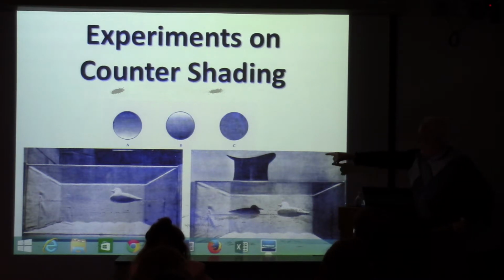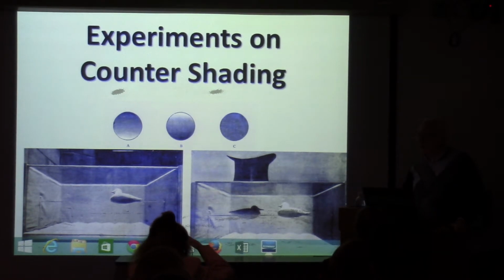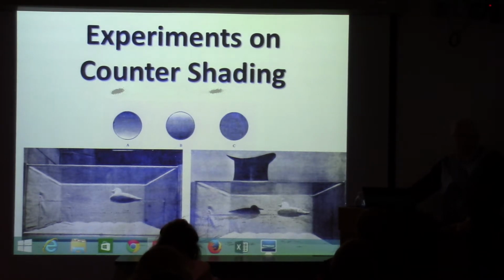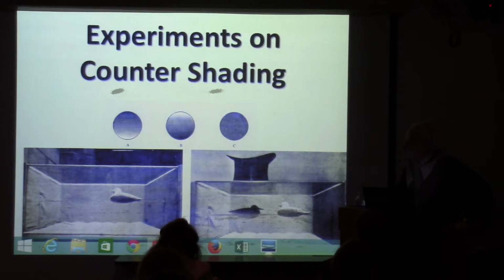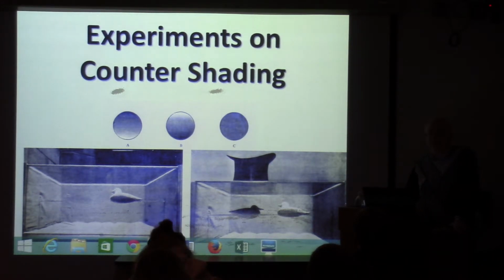When he takes a hat and puts it on top of his little cabinet to block the light, all of a sudden that bird shows up, and you can see how it was painted dark with a light underbelly. So what he's saying here is basically that animals that run around in bright sunlight evolved light bellies because that protects them from being seen.